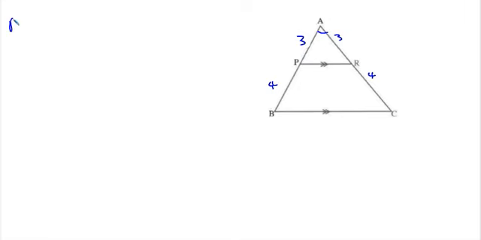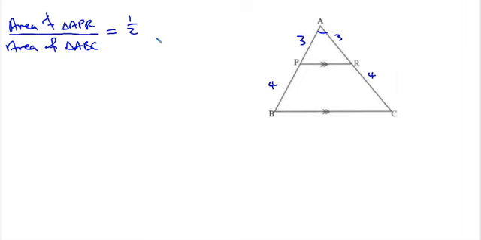So we are saying area of triangle APR over area of triangle ABC should be equal to, your area there is half, right?